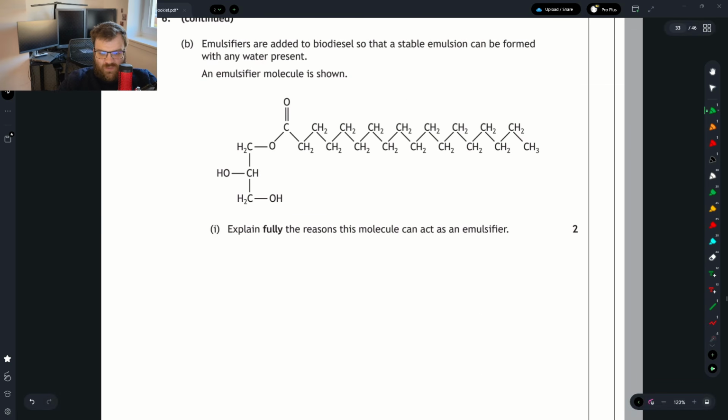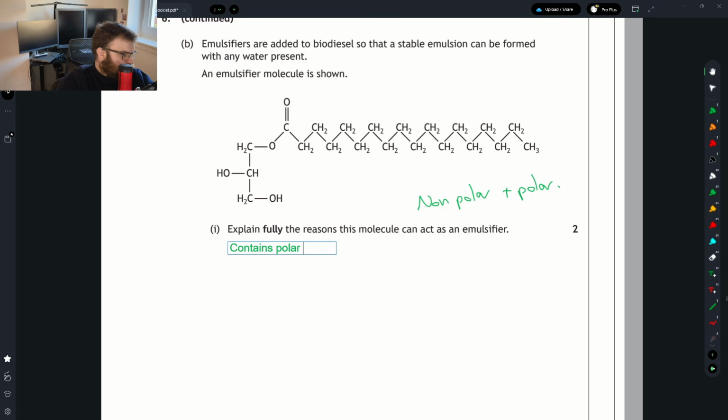Next one, why can this act as an emulsifier? It contains polar parts that can dissolve in water and non-polar parts that can dissolve in oil and fat.